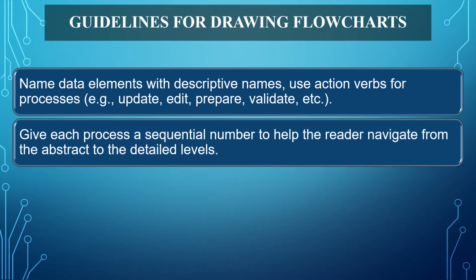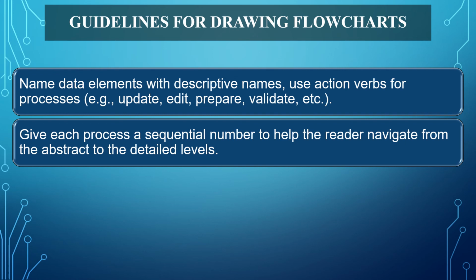Give each process a sequential number to help the reader navigate from the abstract to the detail level. So if you have more than one process in one DFD, you need to have a sequence number for the first process, the second, up to the last process.